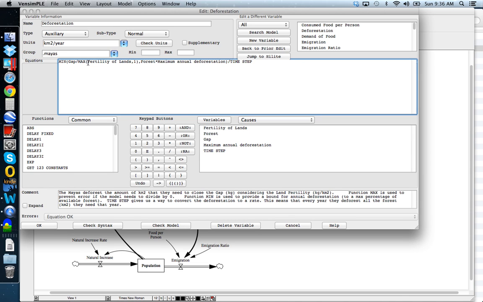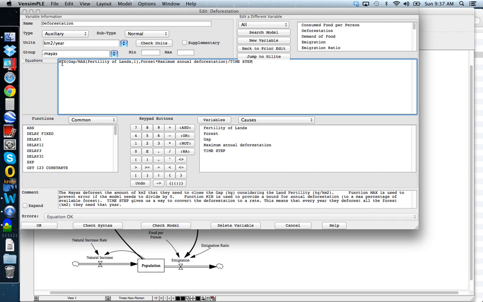And there's another variable in the model that explains that the lands lose fertility. Now if you divide the gap of food by the land, this gives you an idea of how much food per unit square kilometer is needed. We throw the max in here just to avoid a situation in which we would be dividing by zero. Say that you completely run out of fertile lands, then this will give you an error. So that's why this is here.